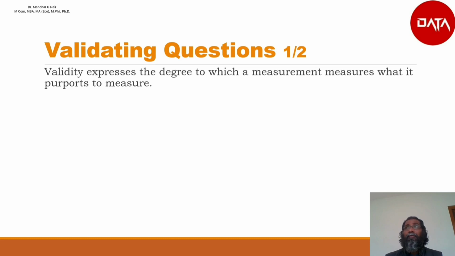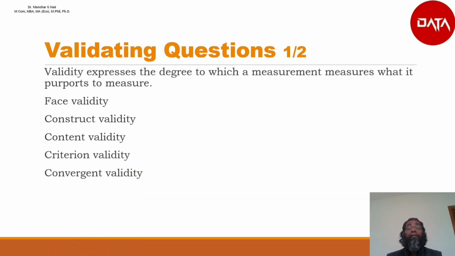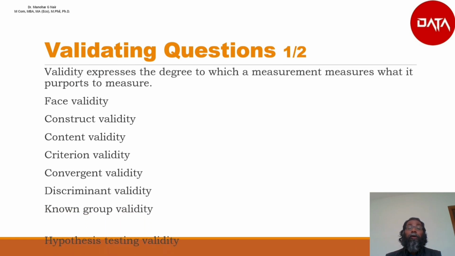Whether it satisfies the need is to be tested through validity testing, and it may be face validity, construct validity, content validity, criterion validity, convergent validity, discriminant validity, known-group validity, or hypothesis testing validity.